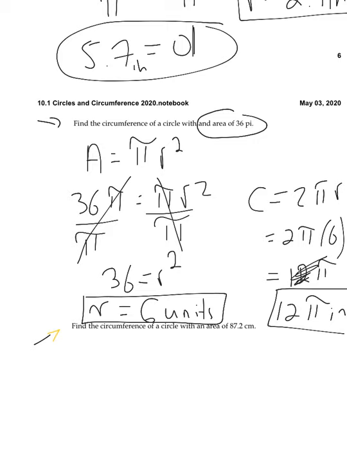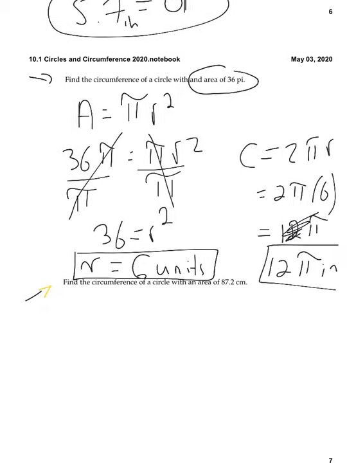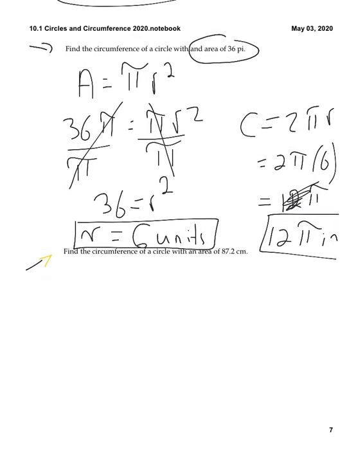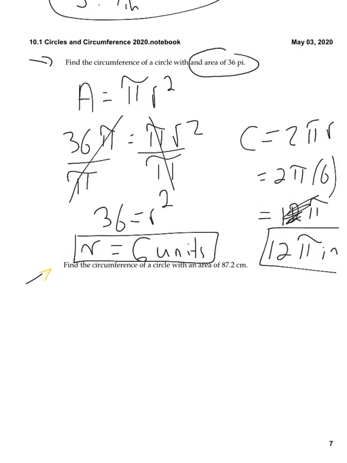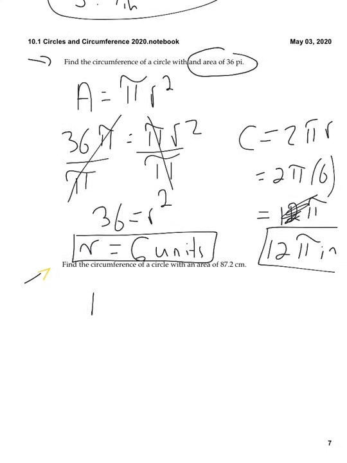So the second question, the one below, is find the circumference of a circle with area of 87 and 2/10 inches. Oh, very interesting question. Area is equal to pi r square.